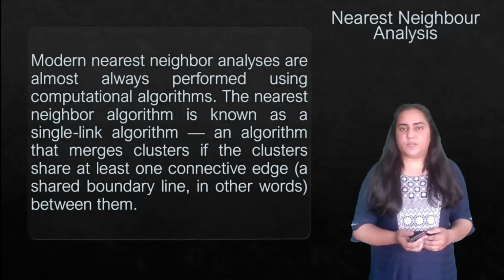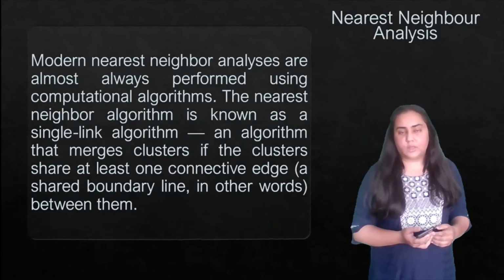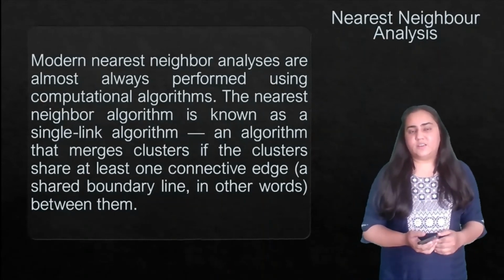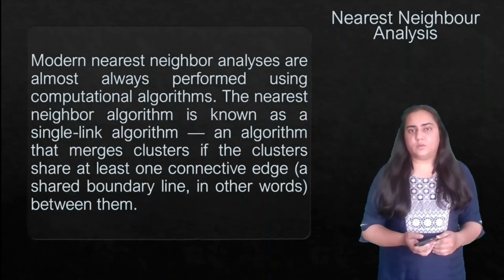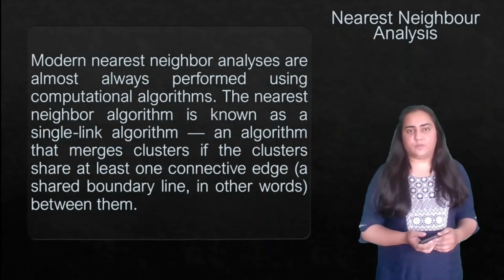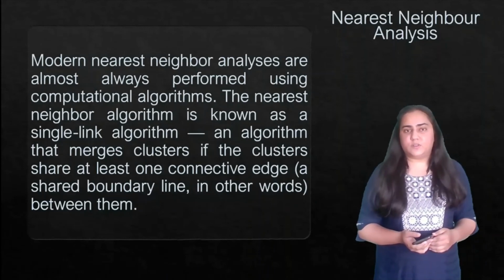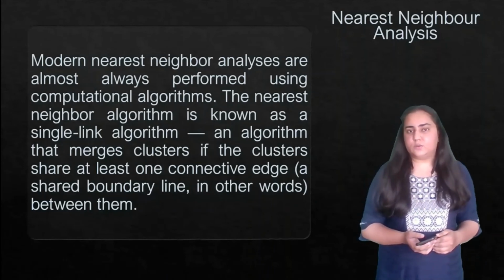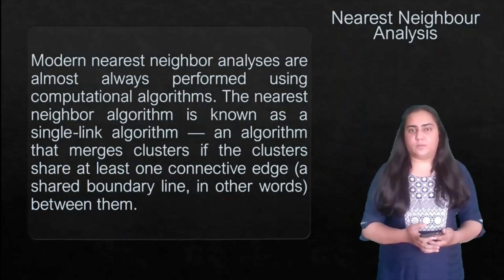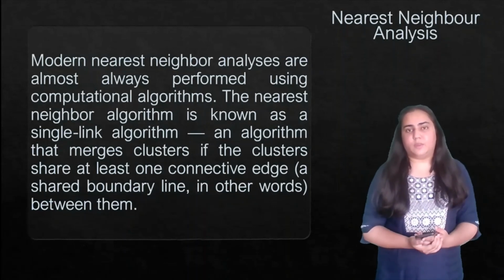Modern nearest neighbor analyses are almost always performed using computational algorithms. The nearest neighbor algorithm, which is known as a single link algorithm, merges clusters if the clusters share at least one connective edge, a shared boundary line, or in other words, something in between them.